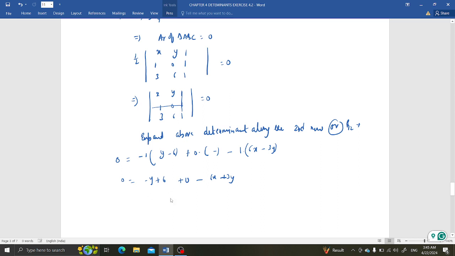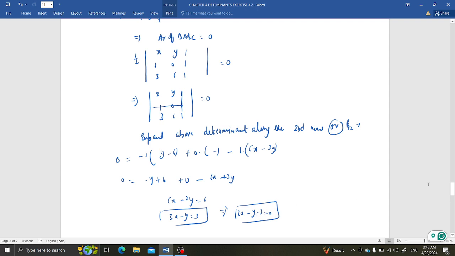I'll take that to the other side: 6x minus 3y, minus y, gives minus 2y... so 3x minus y equals 3. This is the equation we have, of the form ax plus by equal to c, or ax plus by plus c equal to 0. We can write this equation as 3x minus y minus 3 equal to 0. So this is the required equation of the line.